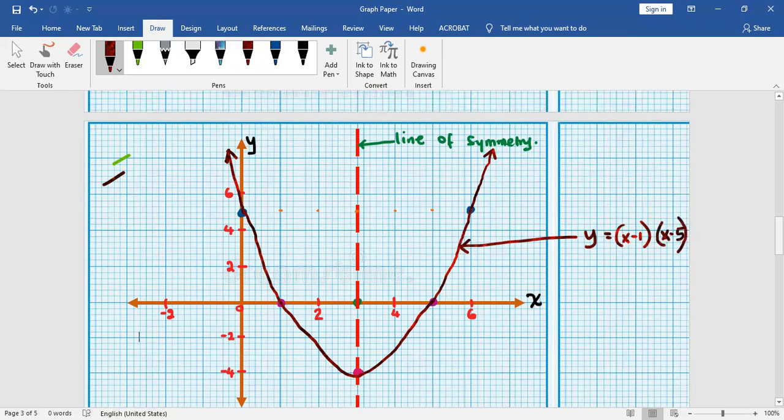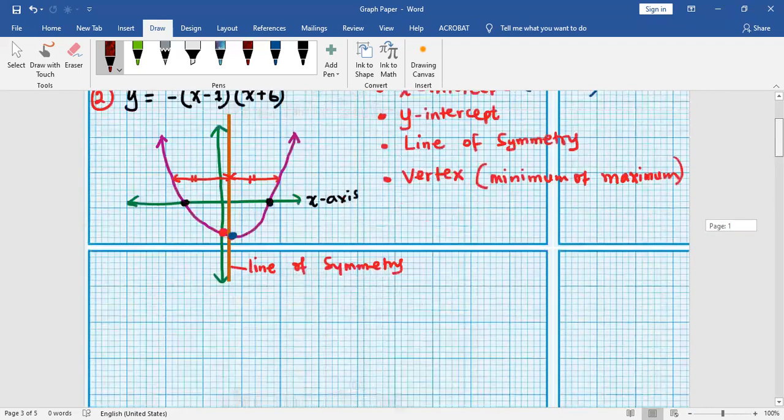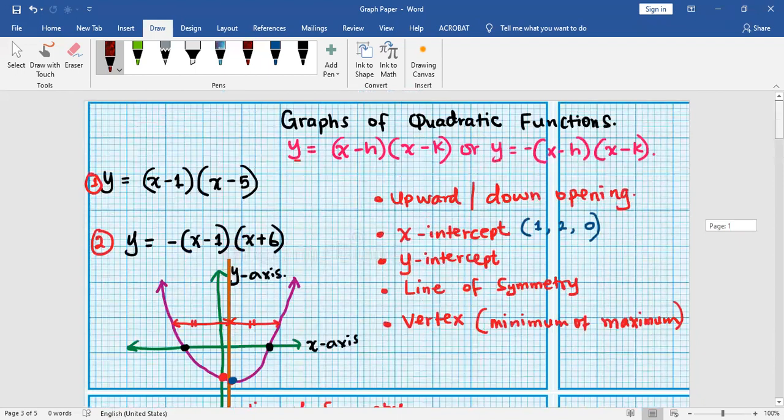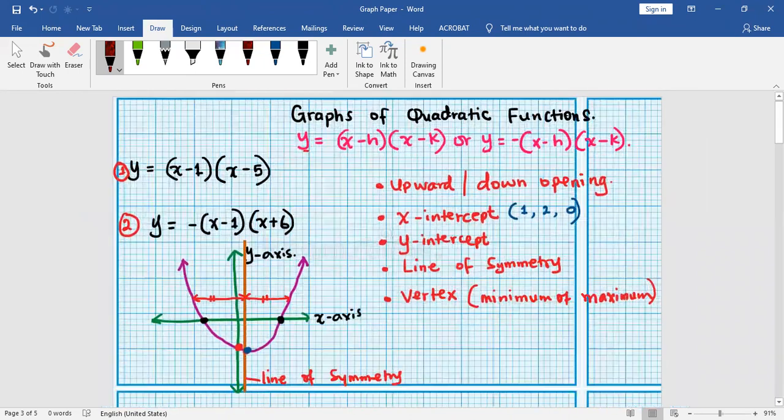Have you understood, students? Have you understood? Yes. Okay. Now open your book on page 124. Page 124. You see exercise 3B. Exercise 3B. Are you there?